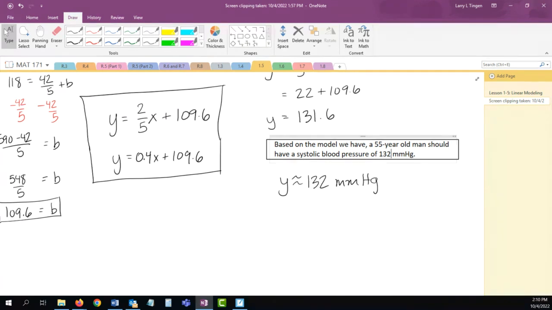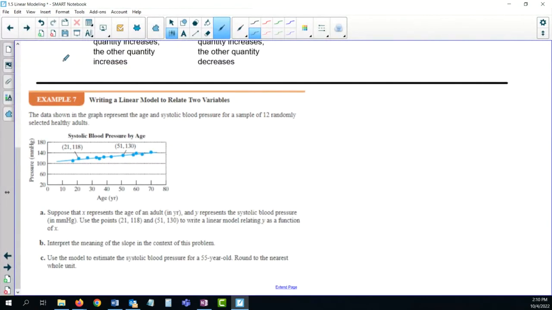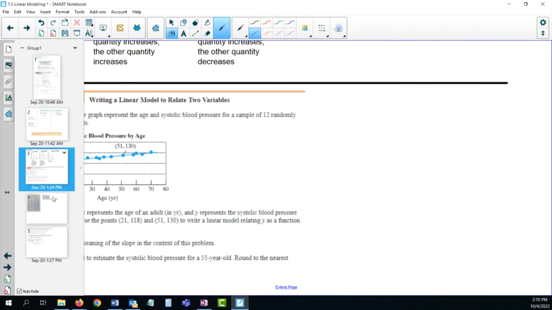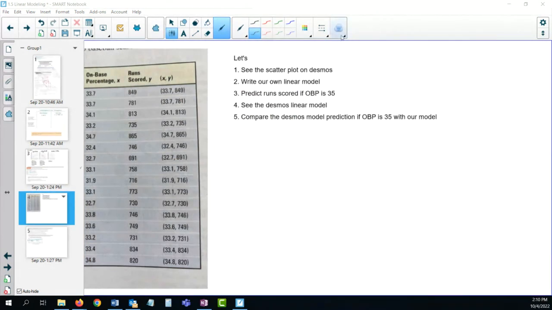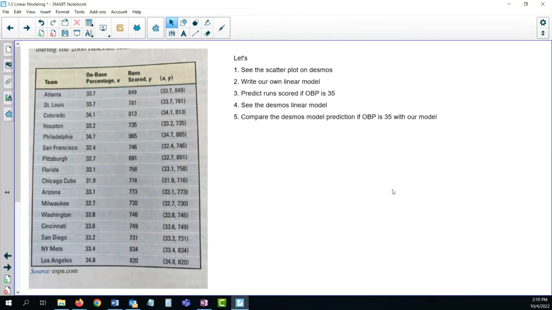All right. Okay. So the next page is a data set, and the question asks us to look at this on Desmos. I've already plugged these numbers into Desmos, so we can look at those.